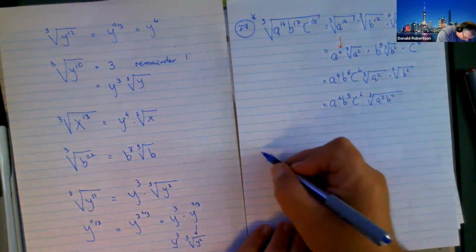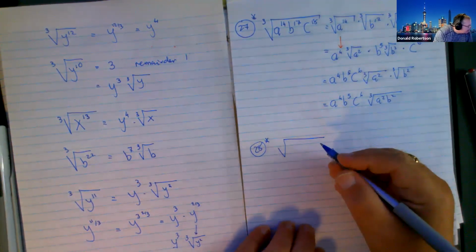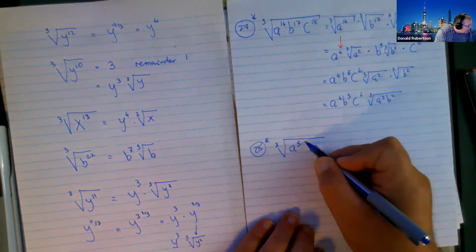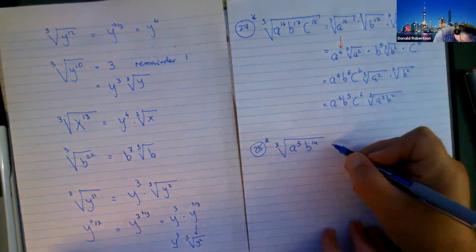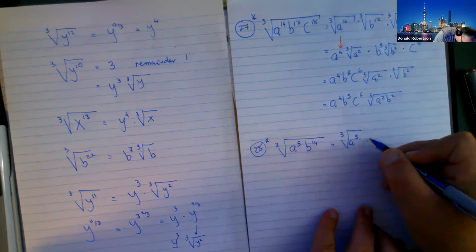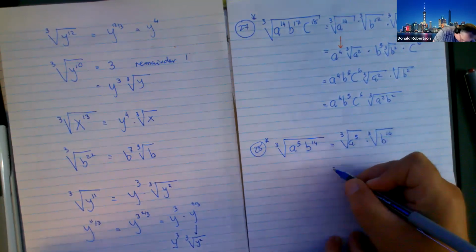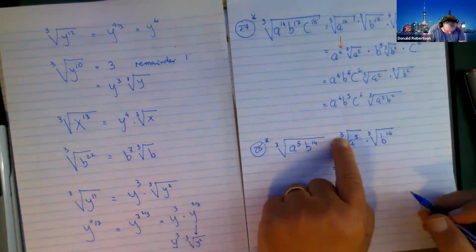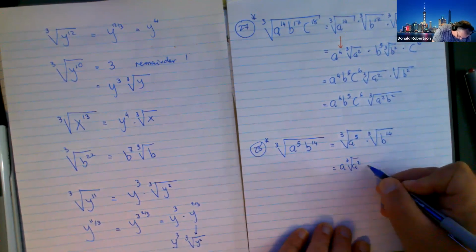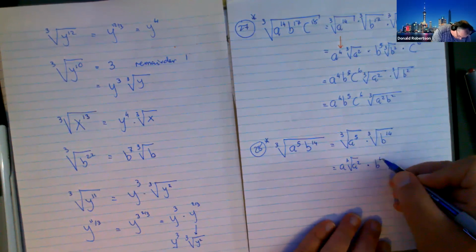Okay, my last question. Something like 28. Cube root again. A to the 5, b to the 14. It's going to be a cube root of a to the 5 times a cube root of b to the 14. 5 divided by 3 gets you 1 and 2 left over. 14 divided by 3 goes 4 times and 2 left over.